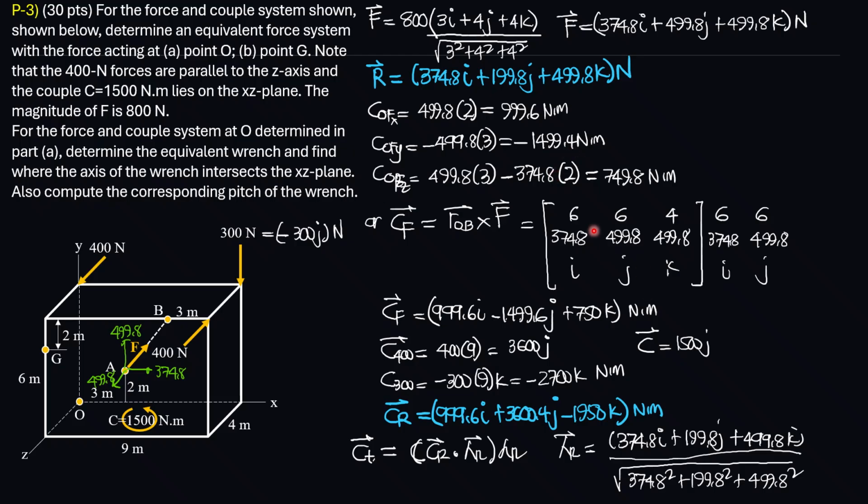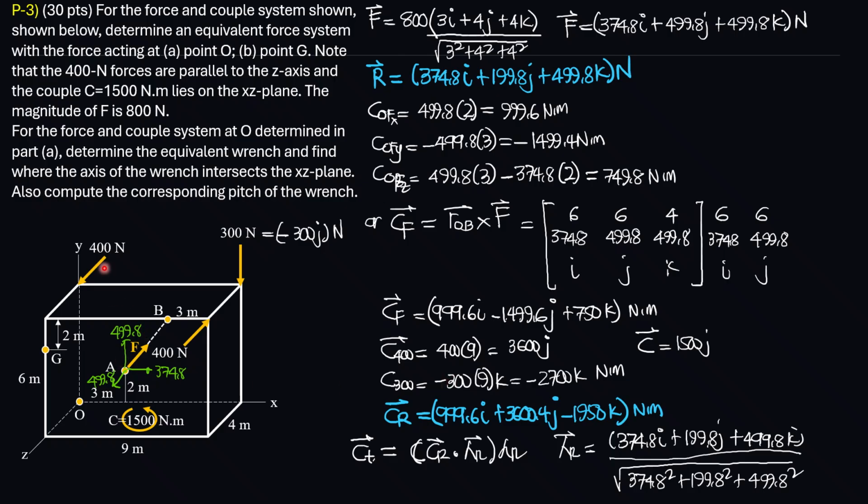Then for K, 6 times 499.8 minus 374.8 times 6, and you will get 749.8. So therefore, the couple due to this force F, the moment about the origin, is 999.6i minus 1499.4j, then plus 750k. 749.8 rounds up to 750. This is also the value based on this cross product.